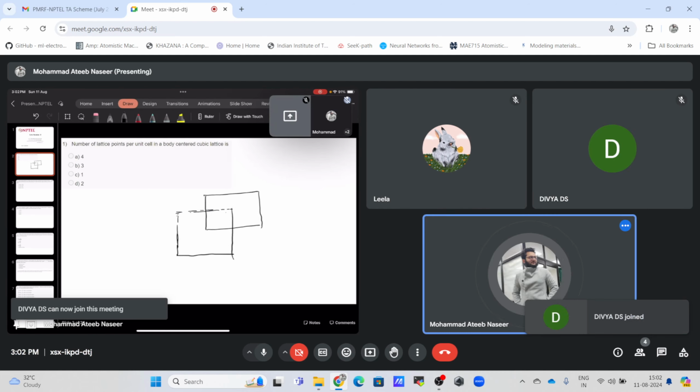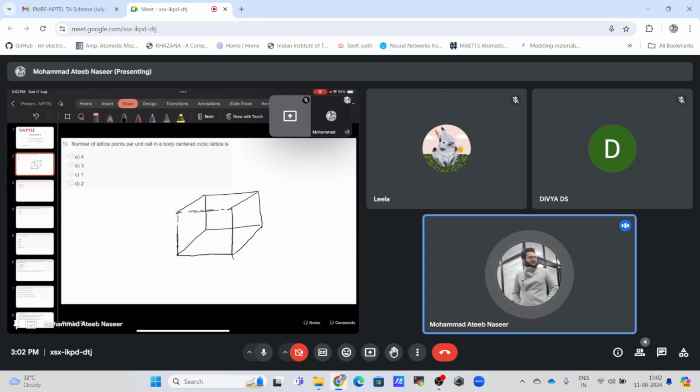So if this is our cube, in the body centered cubic cell we will be having the lattice sites or the atoms at the 8 corners like this, and there will be one along the body diagonal.